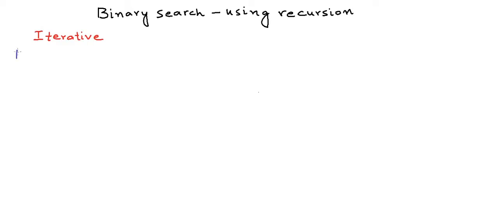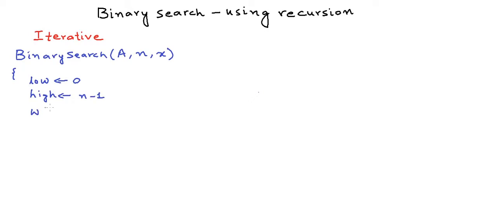So I will write a method binary search that will take as arguments a sorted array A, the size of the array n, and an element x that is to be searched for. Then we initialize two variables, low to 0 and high to n minus 1, and we say that while low is less than or equal to high, calculate the middle index as (low + high) / 2.